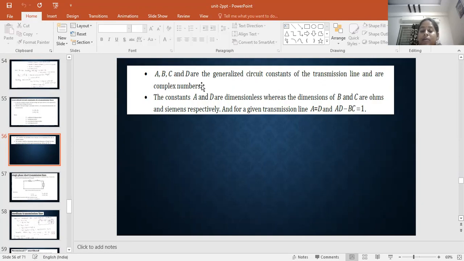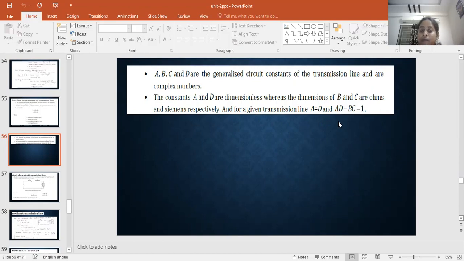Note that point, A, B, C, D are complex numbers. In that we represent only the constants. Constants A and D are dimensionless, whereas the dimensions of B and C are ohms or Siemens respectively.